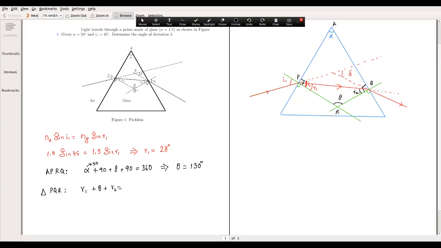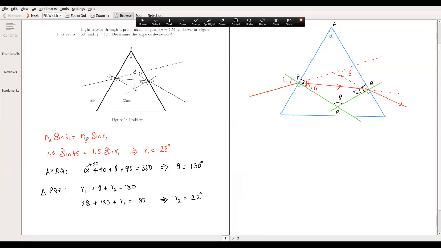All three should be equal to 180 degrees, which means angle R1 was 28 degrees, theta is 130 degrees, plus R2 is equal to 180 degrees. So that makes it 50 minus 28. So R2 is equal to 22 degrees. So we know R2 here.